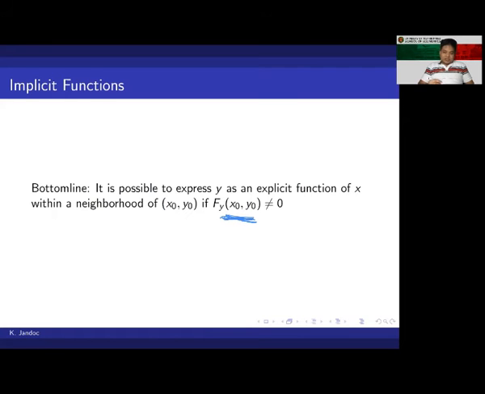In the example a while ago, for the neighborhood of (4, 0), fy at (4, 0) was equal to 0. So therefore, at that point (4, 0), you couldn't express y as an explicit function of x. So this is the bottom line of the exercise we just did, but we'll go through a general expression of the idea.